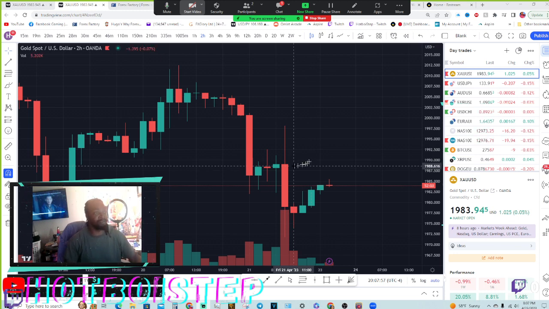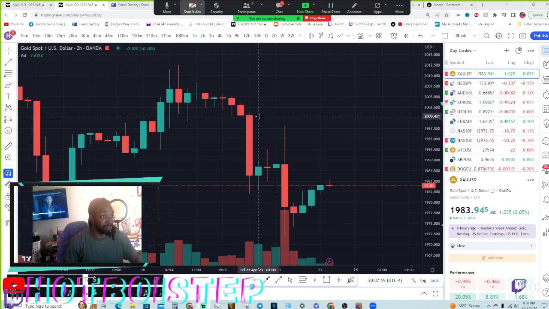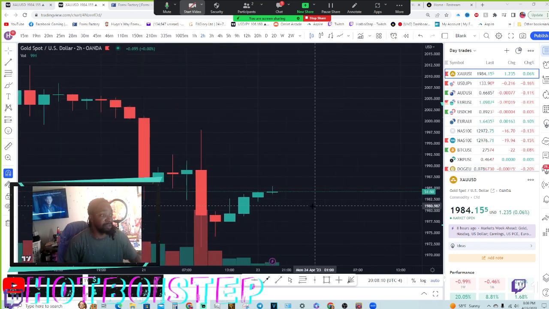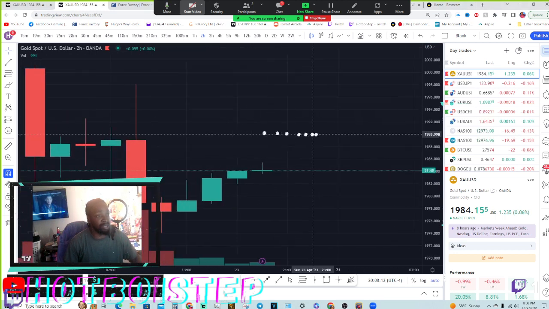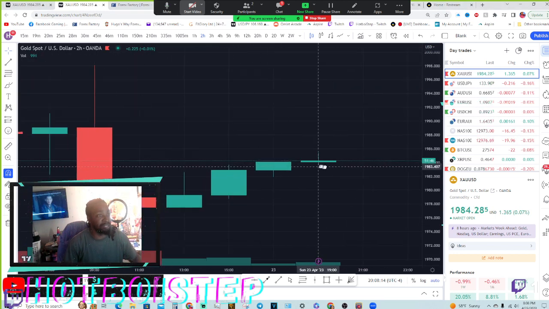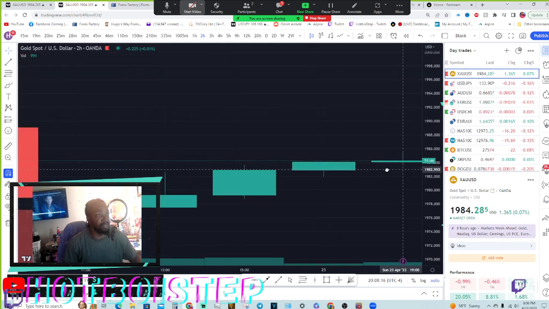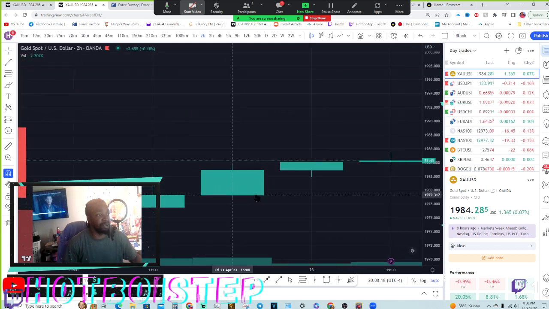But basically, these are candles right here. All these red and green bars are candles. So if it's a green candle, that means it started off at the bottom of the green candle and it ended at the top of the green candle.